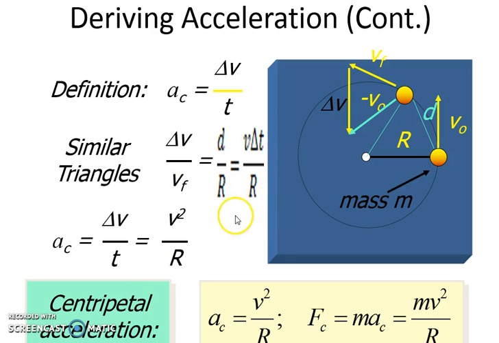Understanding that these are similar triangles, we get to the final formula that centripetal acceleration is v squared over the radius, and centripetal force equals mass times centripetal acceleration, which is the same as mass times v squared over the radius.